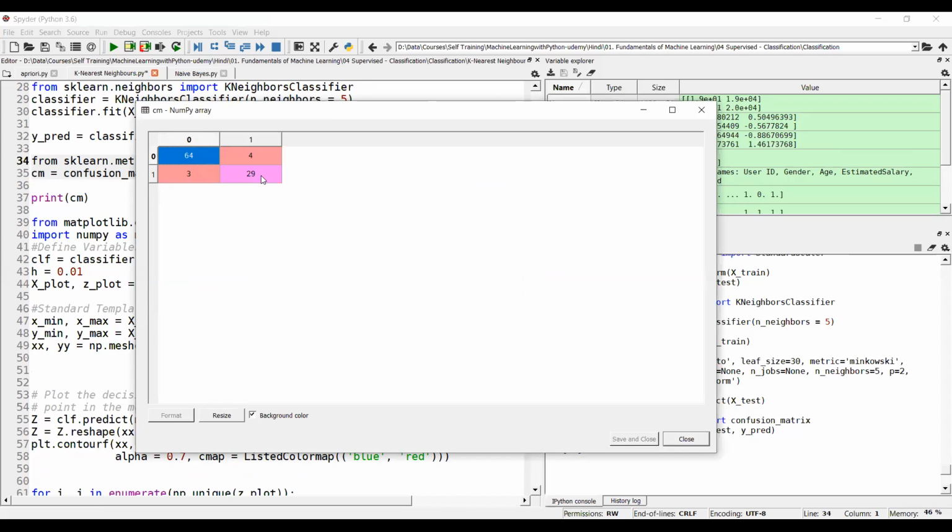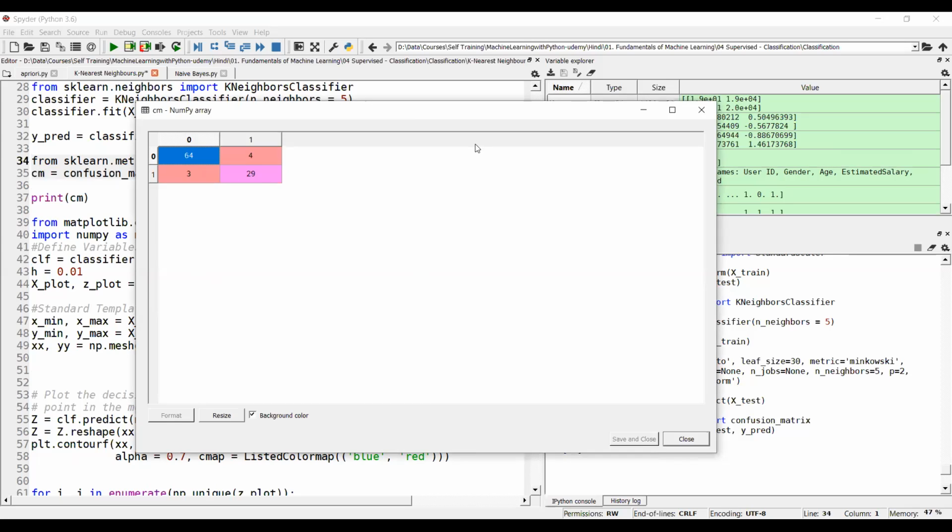In logistic regression, does anyone remember how many correct readings we got? 64 is true positive.